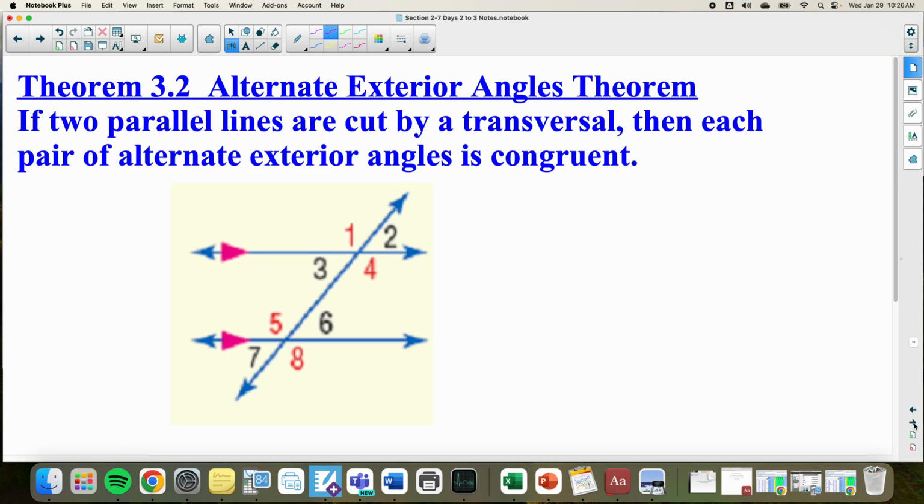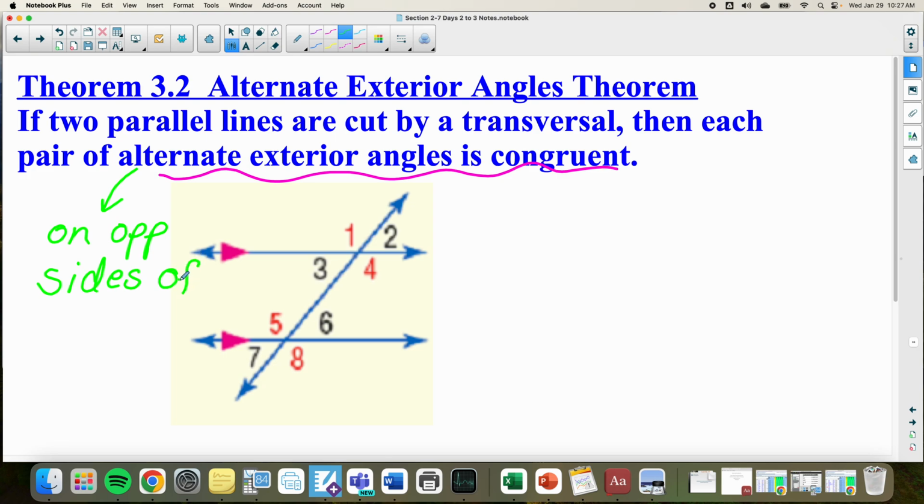Then if we look here, we have alternate exterior angles, and they are also congruent. Okay, so all 3 we've talked about so far have been congruent. Remember, alternate again means on opposite sides of the transversal. And then exterior means that they're outside of our 2 lines.